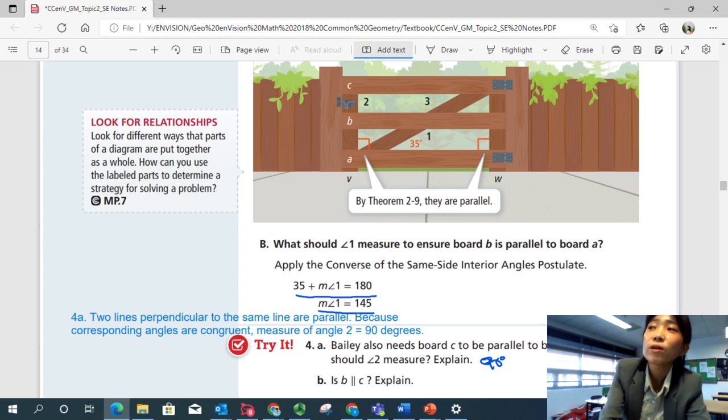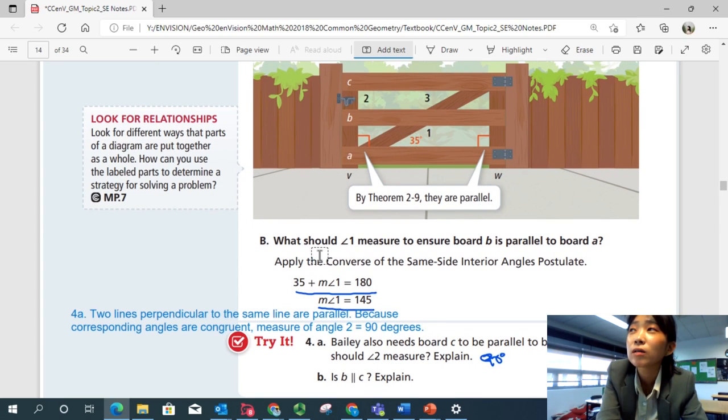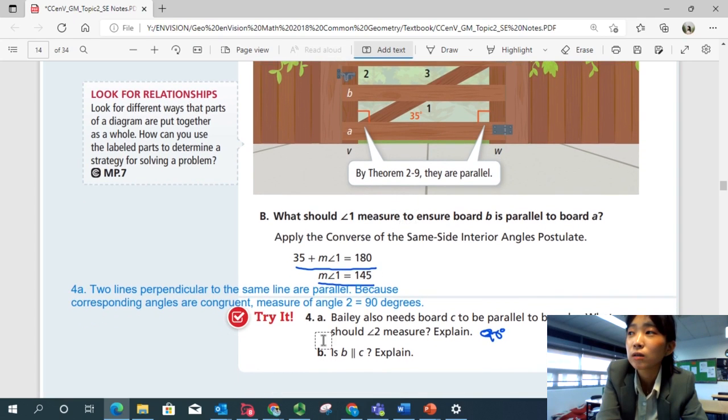So if you say yes, explain that you are building on example 4 and try for A. If you say no, explain that with the given information, it's not enough information.